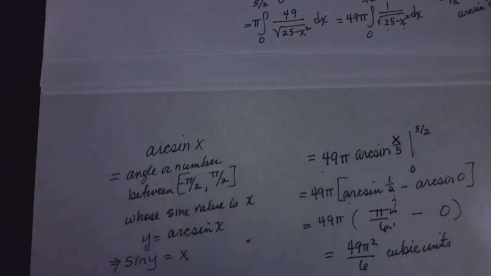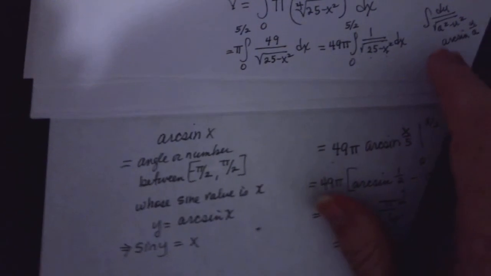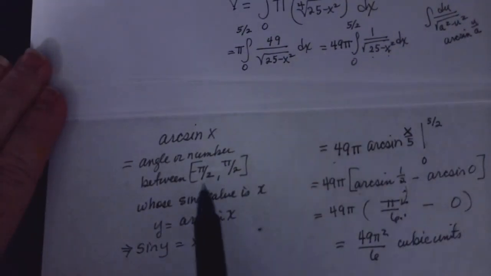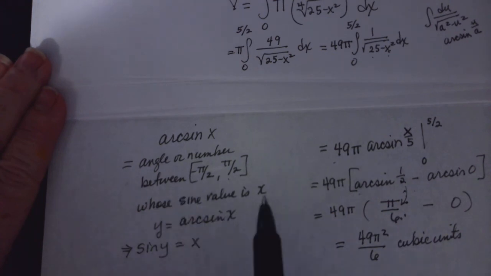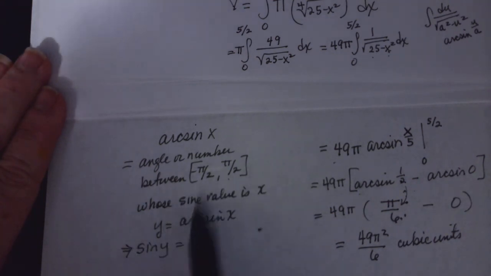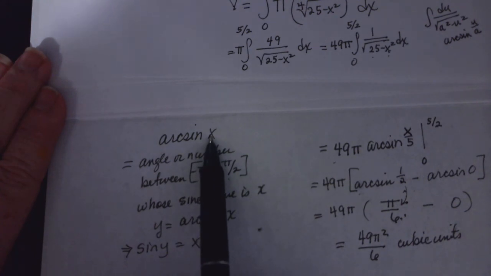When you're talking about inverse trig functions, what you're really doing is looking for an angle in their given ranges where the sine or cosine or tangent of that angle is the number inside the inverse function.